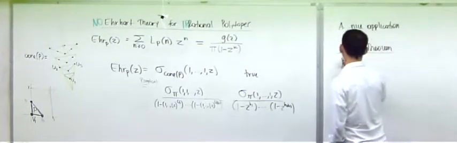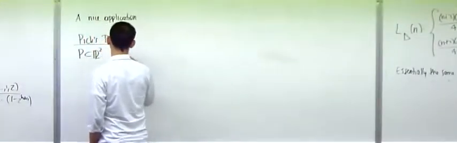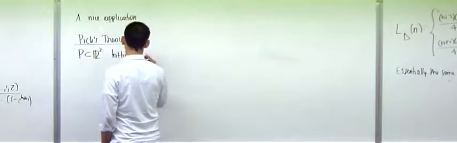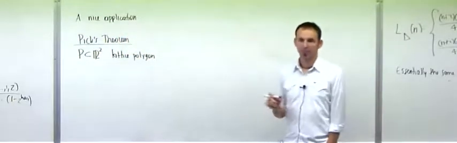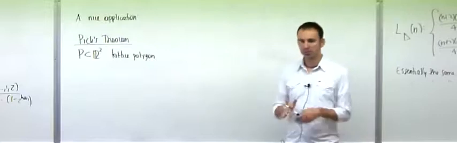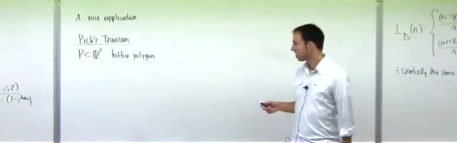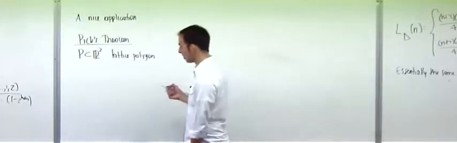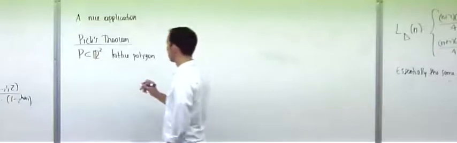It says, let's say that you have a lattice polygon in the plane, and you would like to compute the area. So in general, the way that you would have to do this is kind of cut it up into triangles and sum up the areas of the triangles, and I mean, you can do it that way. But it turns out that there's an easier way, which is this.